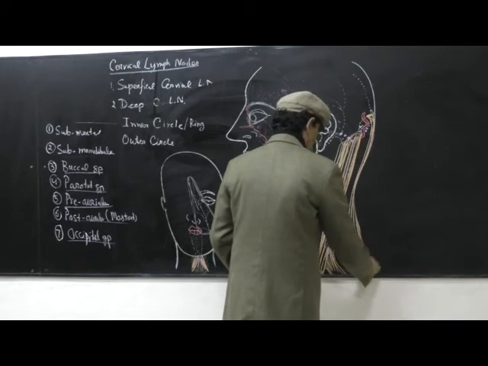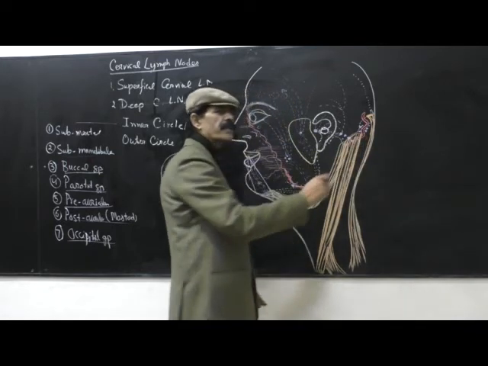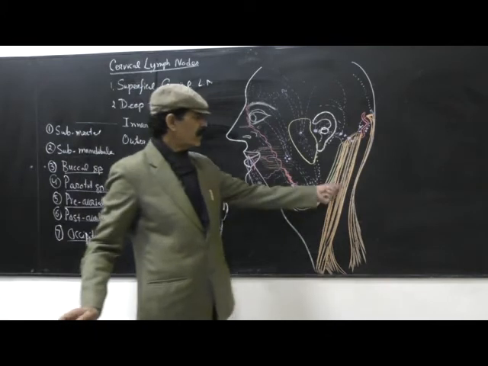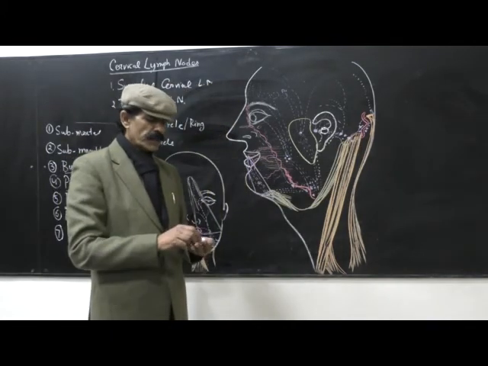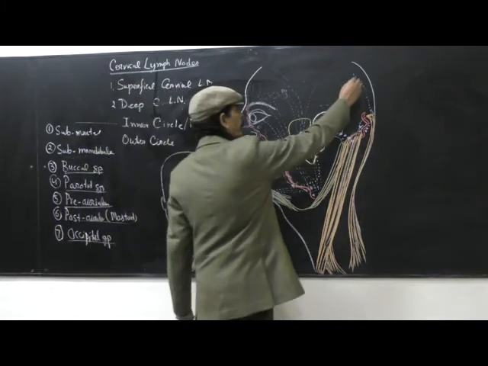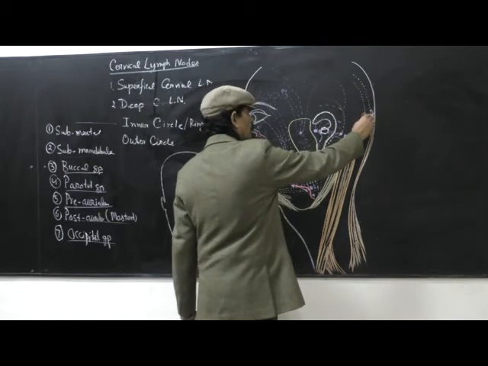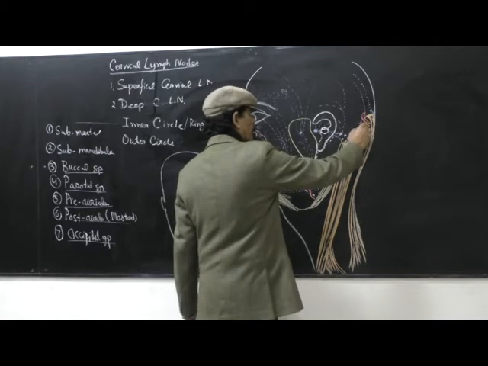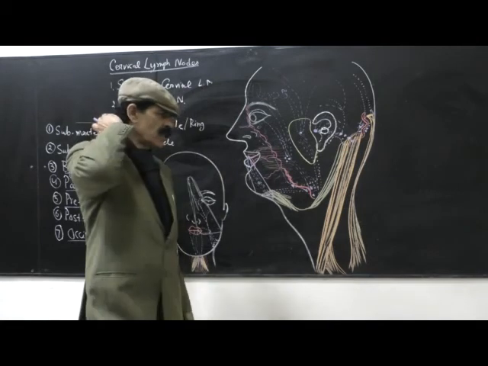So this is the occipital group. It is also in the upper part of the posterior triangle. This is the area of the posterior triangle, the upper part. For this occipital group of lymph nodes, the afferent comes from the posterior part of the scalp, which is the main coverage area of the occipital group.